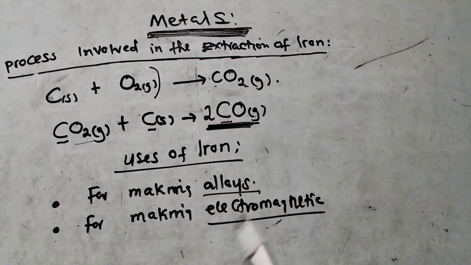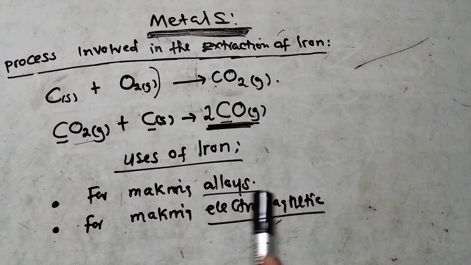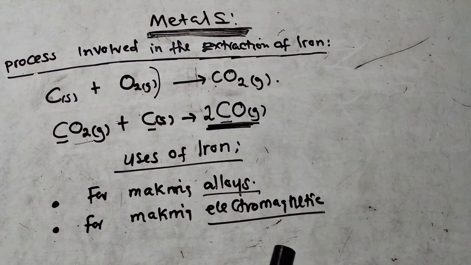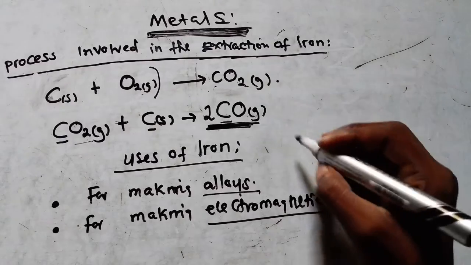Someone might ask, what is an alloy? An alloy simply means the combination of metals. Then we also have a word which is a bit challenging here, which is electromagnet. What is an electromagnet? These are just substances that lead us to magnets.